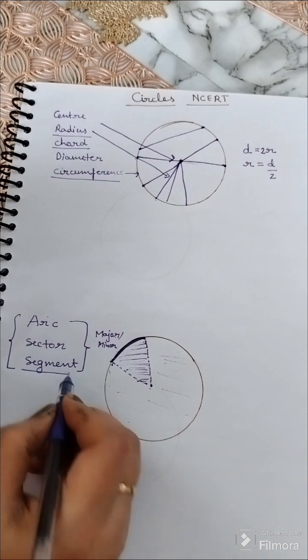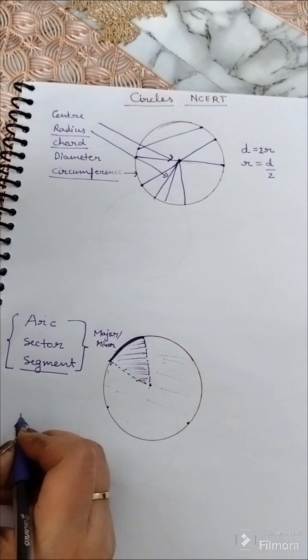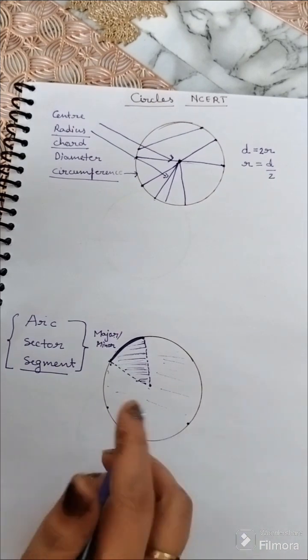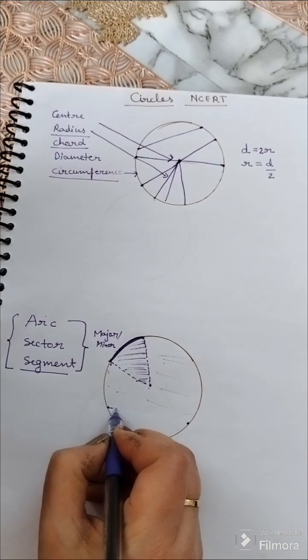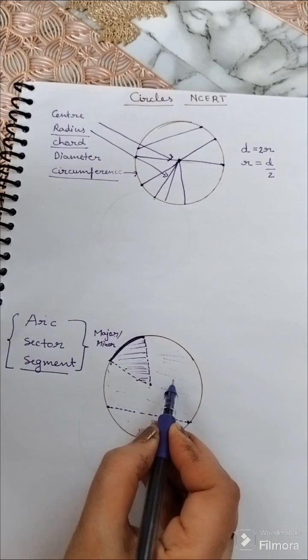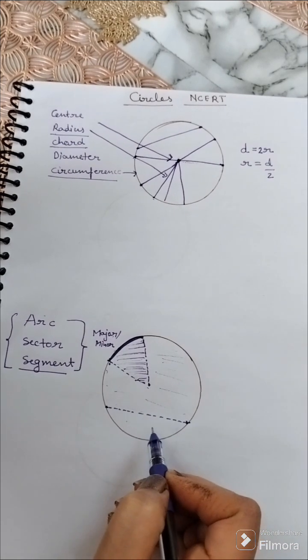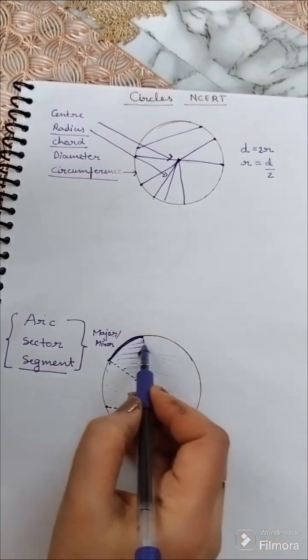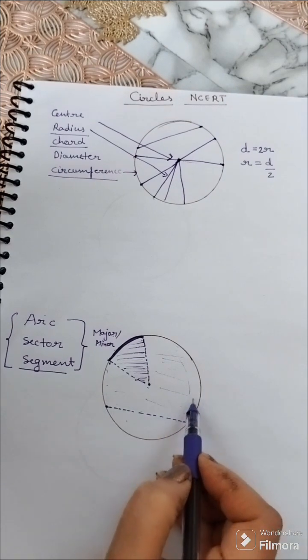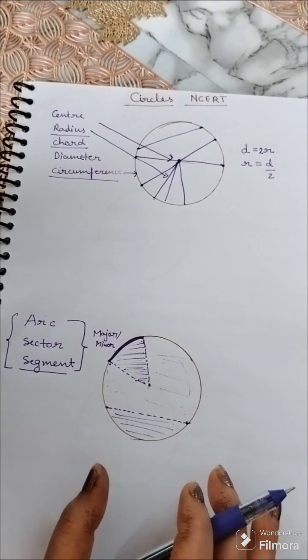Now segment. If I take any 2 points, I'm not talking about an arc. Now I'm just taking a chord. A chord also divides the circle into 2 parts, not equal but 2 parts. So this part is called the major segment and this part is called the minor segment.